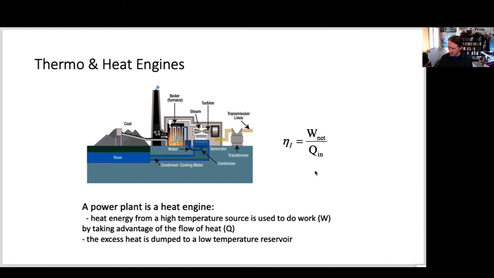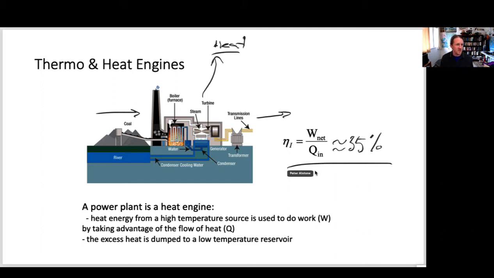And what we saw in an example previously was that a typical first law efficiency for a power plant like this might be 35%. So 35% of all the energy that's contained in coal eventually becomes electricity. The other 65% is waste heat, waste heat that comes out the top or goes down into cooling water.